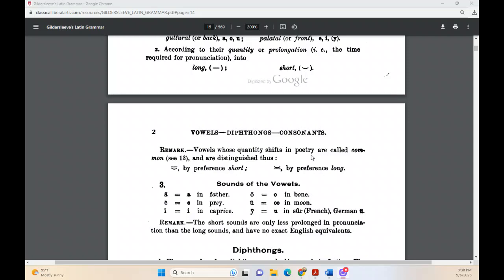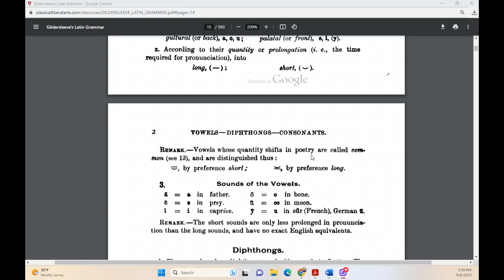And in poetry, poets have freedom to make changes where they really don't follow the rules of grammar for sentence writing. They're allowed to take a little freedom to change things in order to make it easier for them to keep the meter and the rhythm of their poetry. This is called poetic license.